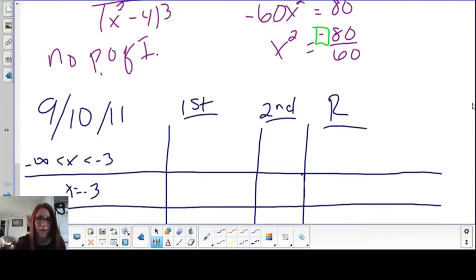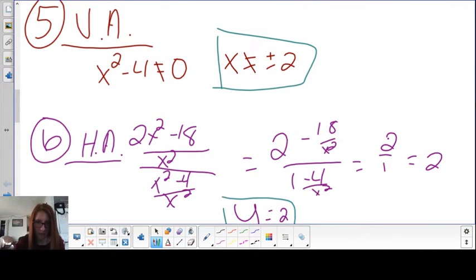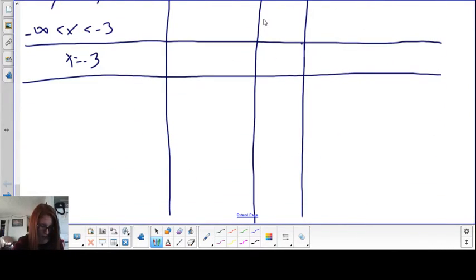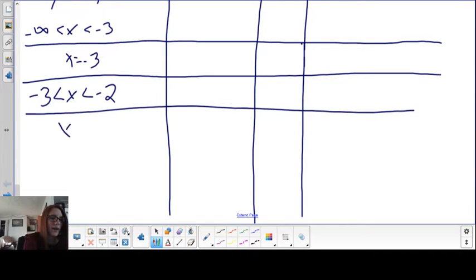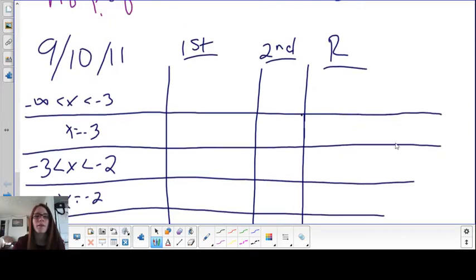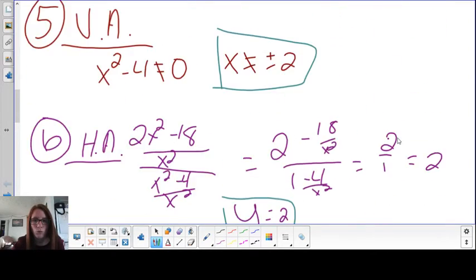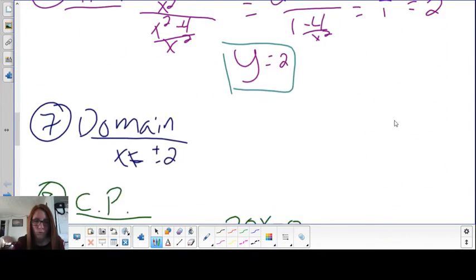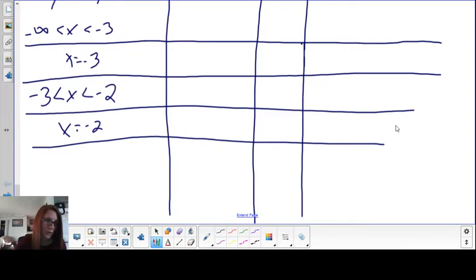The next smallest value, I believe, is -2. So I want to see what happens between -3 and -2. And then I want to see what happens at -2. And then my next one I think is 0. So I want to see what happens between -2 and 0.